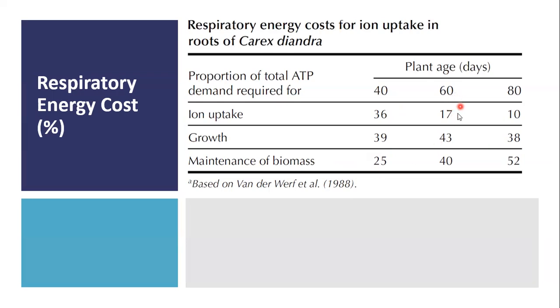Then at 60 days, ion uptake is reduced, meaning the plant is a bit mature, the growth is relatively lower, and the ATP is basically used to maintain and to promote the growth.